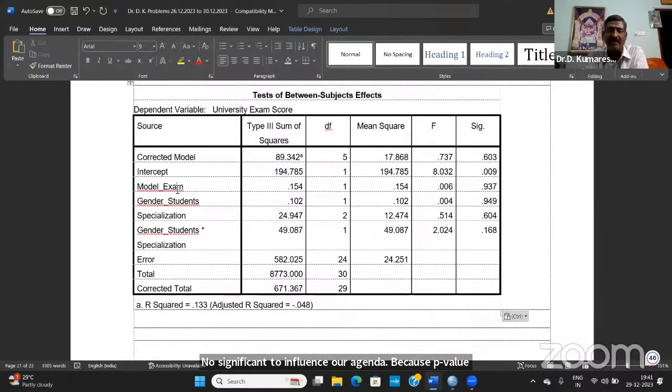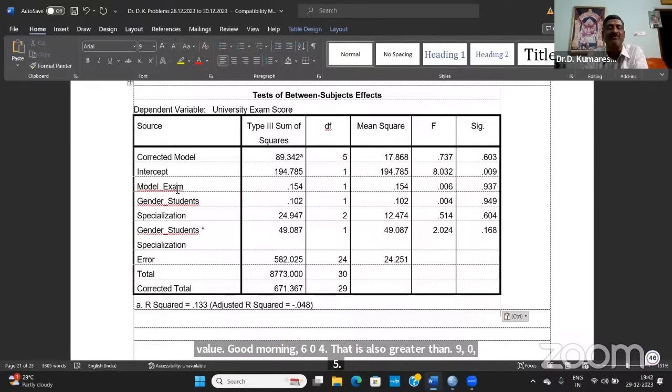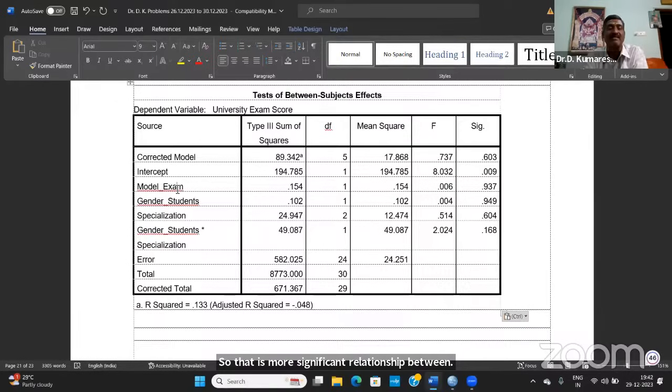It is greater than 0.05. So the influence of gender on university exam is not significant. Then specialization. P-value 0.604. That is also greater than 0.05. So there is no significant relationship between specialization and university exam marks.